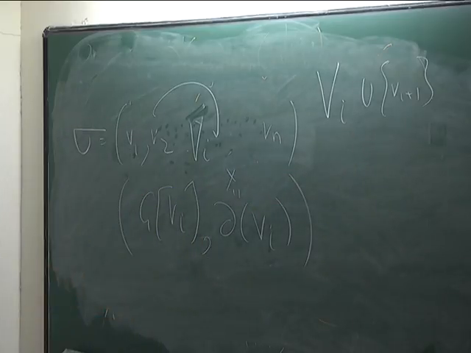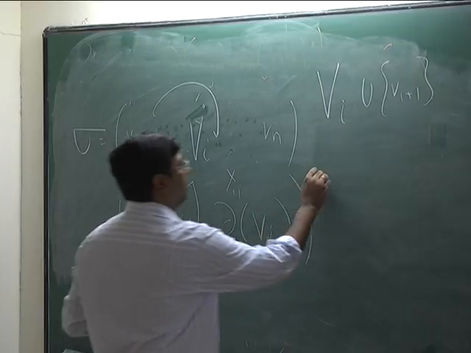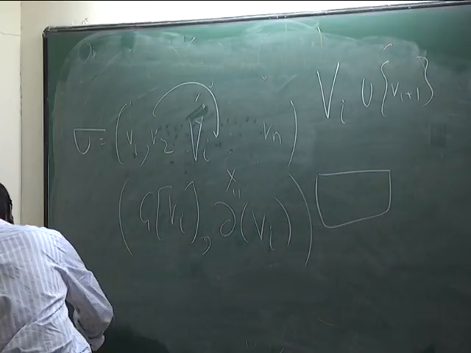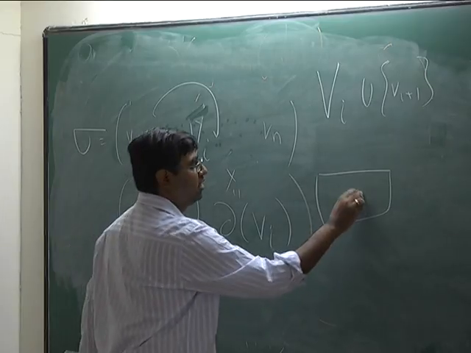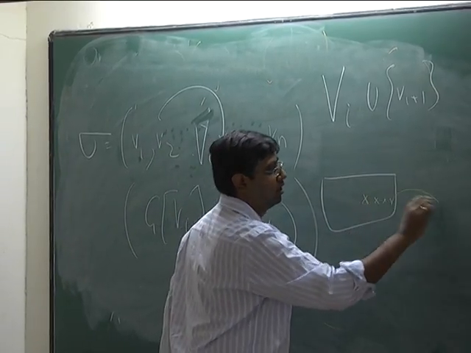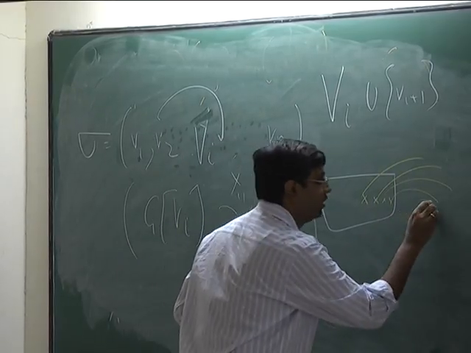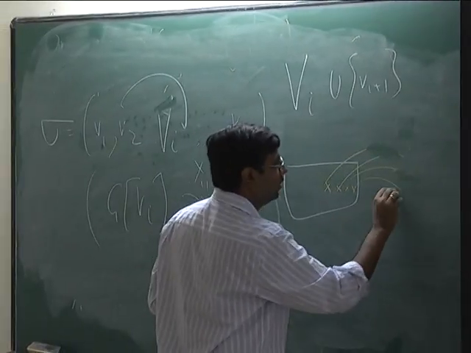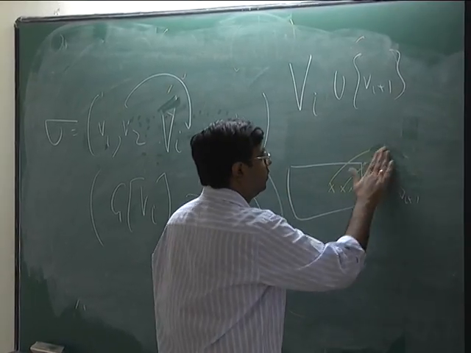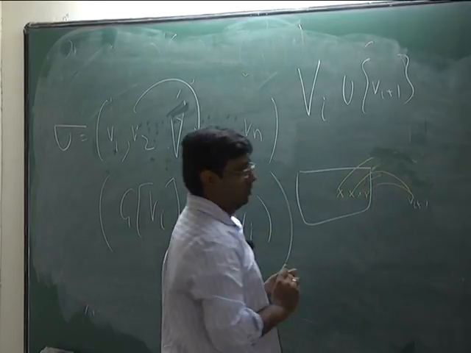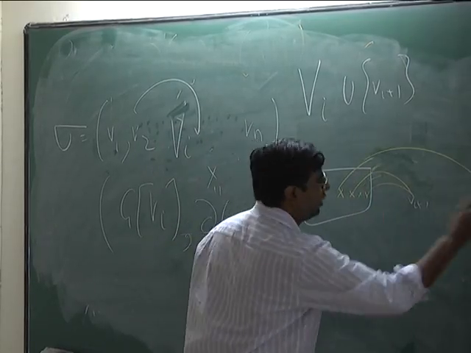Now notice what happens. Look at this up until now. These are the people who were seeing in the world. It might be that many of them were seeing Vi in this world.